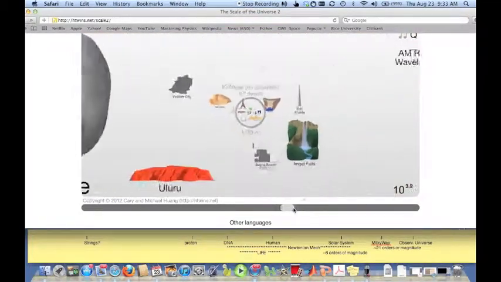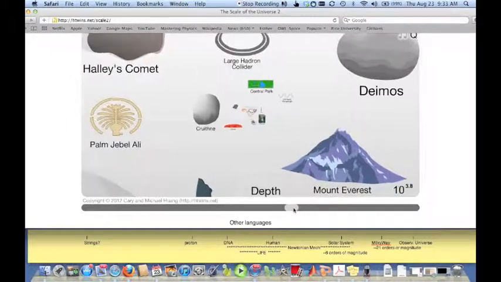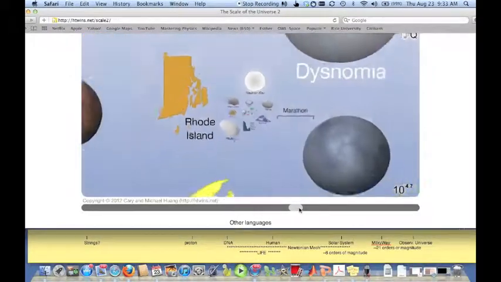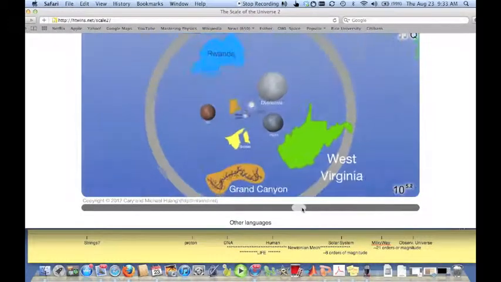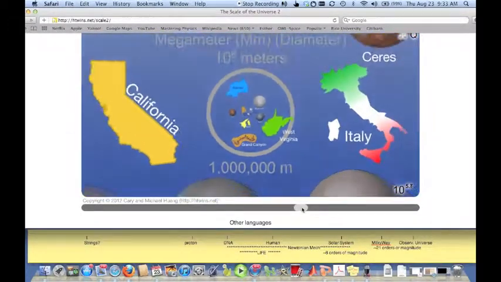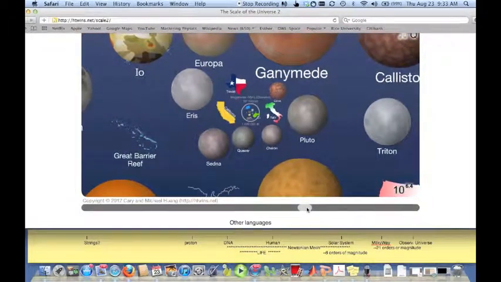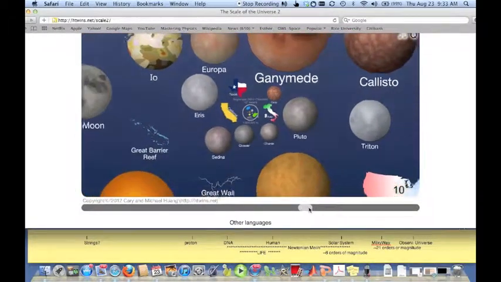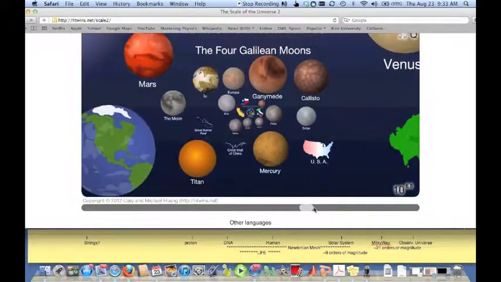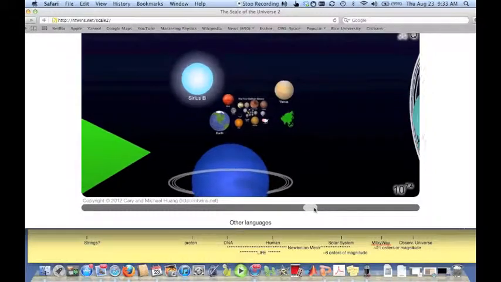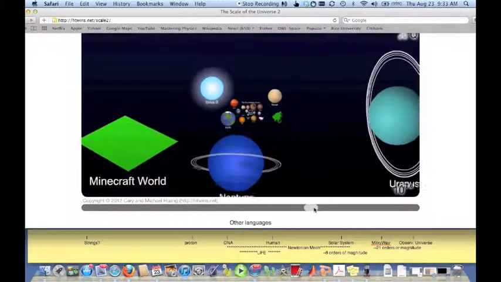Going bigger, to the size of big asteroids, Mount Everest, West Virginia, Italy, California. Now you start seeing the moons of different planets, the moons of Saturn and Jupiter, the size of the USA compared to that, the size of Mars, Earth, Venus. The small stars, Sirius B.